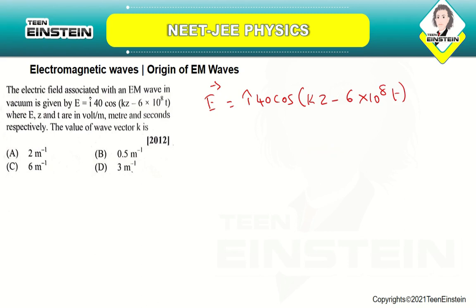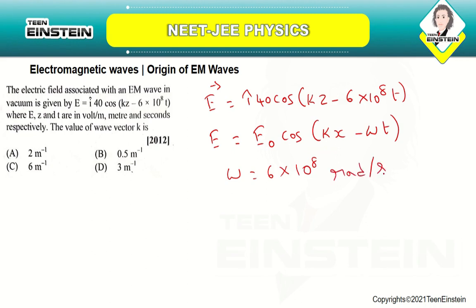So now you are going to consider the standard cosine form of equation of electric field, which is E is equal to E naught cos(kx minus omega t). Okay, so now if you compare these two, you will be getting the omega value as omega equal to 6 into 10 power 8 radians per second.